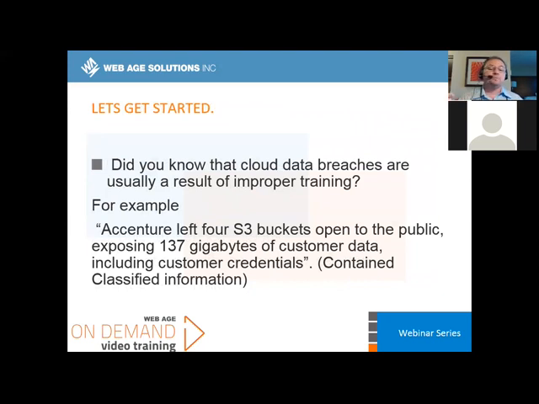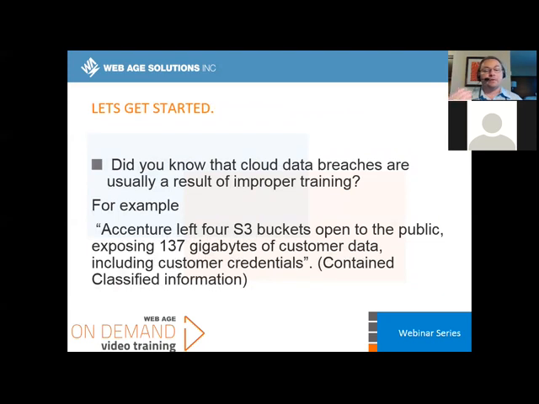For example, did you know that when it comes to cloud data breaches, they're usually a result of improper training? This is actually documented by Accenture, for example. One of the things that they stated was that they left 4 Amazon S3 buckets open to the public.